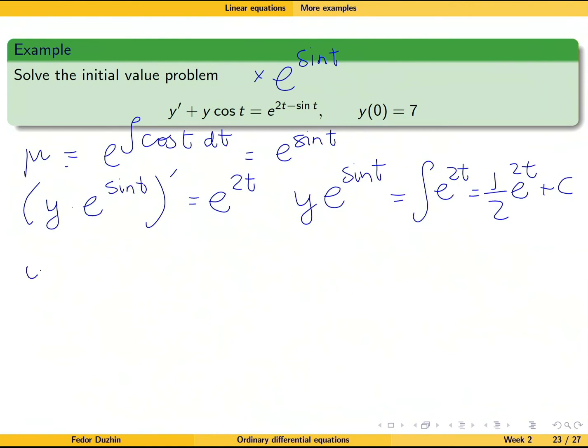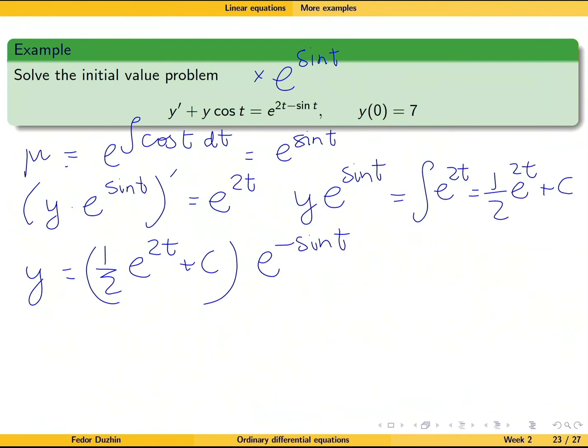So y is going to be 1/2 e to the 2t plus constant times e to the minus sine t.